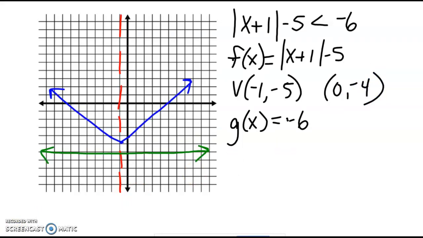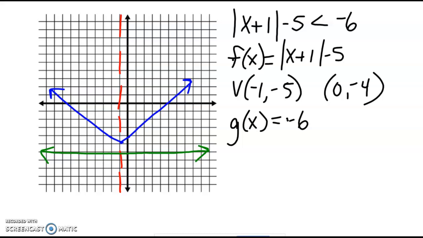Okay, so f of x is that absolute value graph in blue. G of x equals negative 6, so that means go down to the y value of negative 6 and draw a horizontal line there. And our inequality says we want to know when that absolute value function has y values that are less than negative 6.